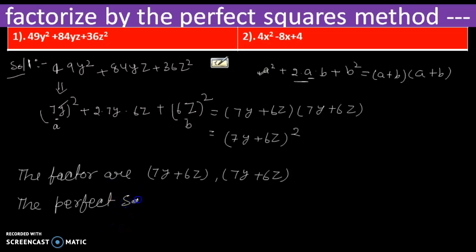So the perfect square root is 7y plus 6z. So students, let us move towards the next question. Before that, you note it down.